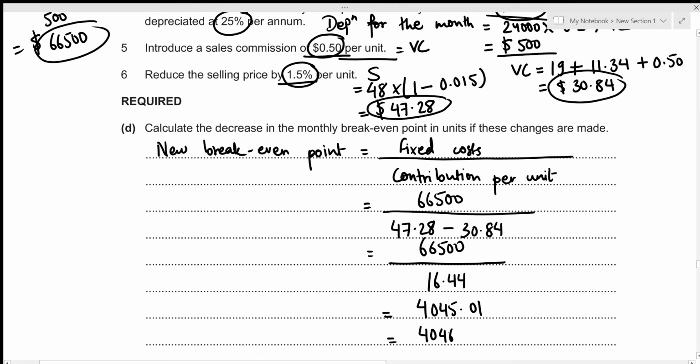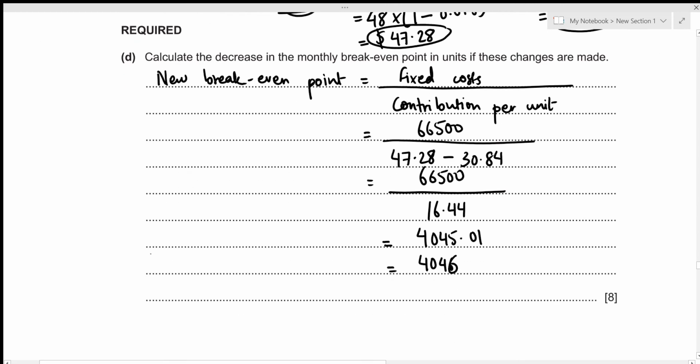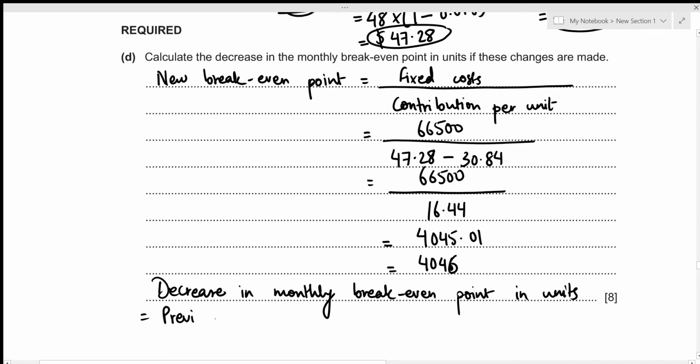So this is our new break-even point, but we are to figure out the decrease in monthly break-even point in units. So the decrease in monthly break-even point in units is just going to be the previous break-even point in units minus our new break-even point in units.